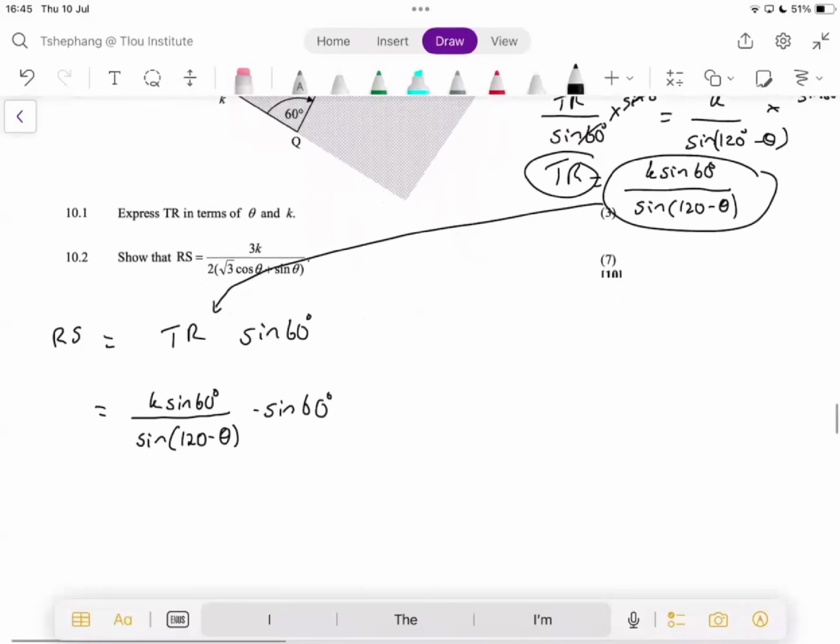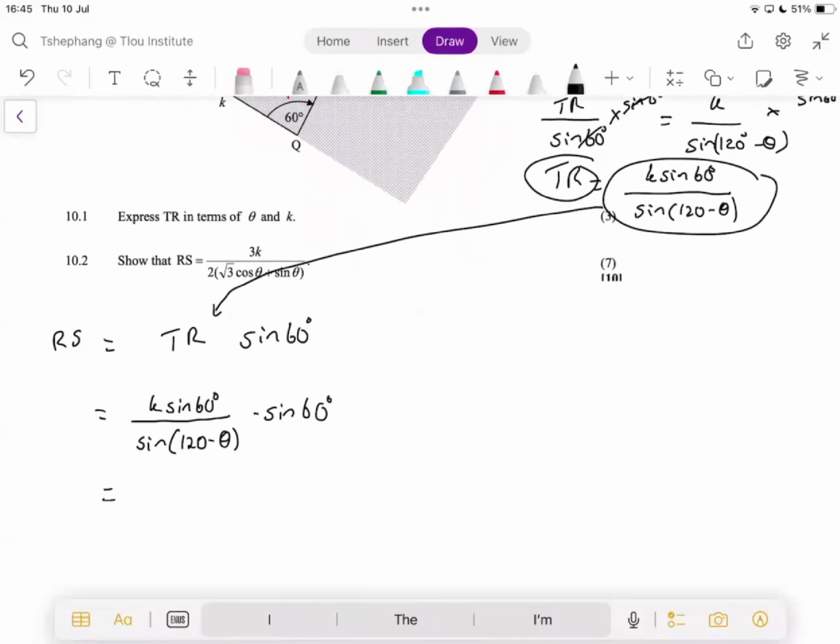Now it's just a matter of using special angles. This is going to be K sine squared 60 over sine of 120 degrees plus theta.